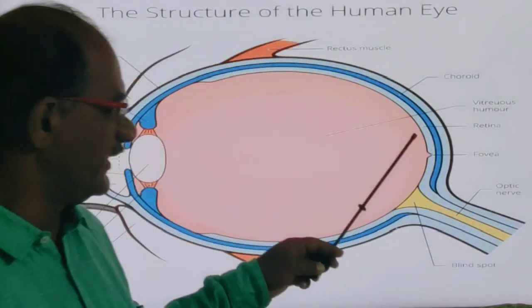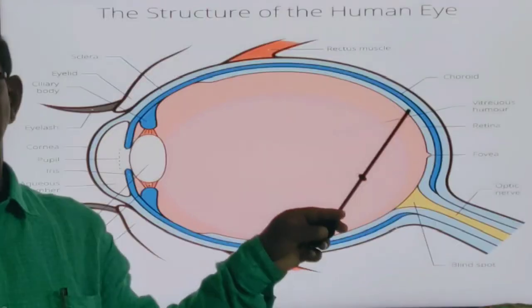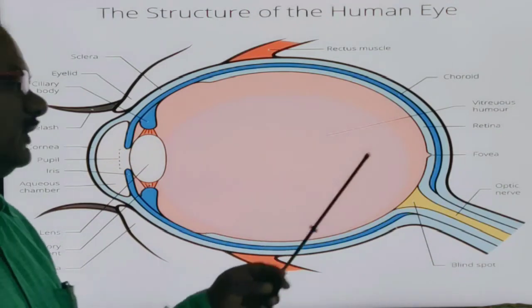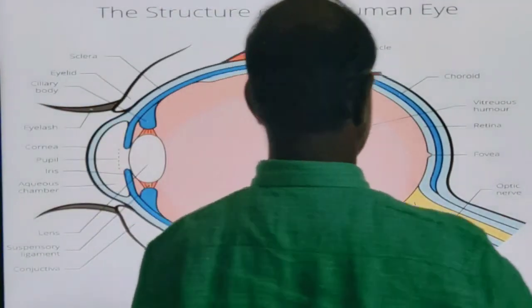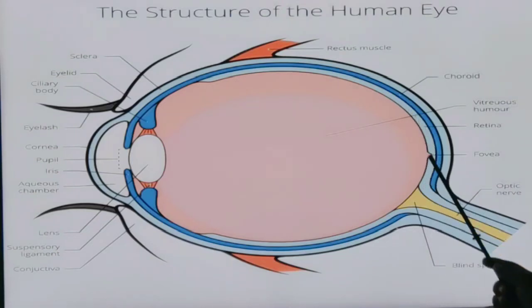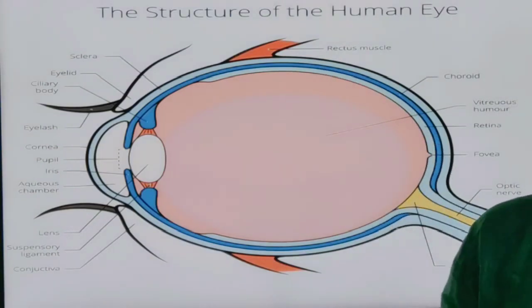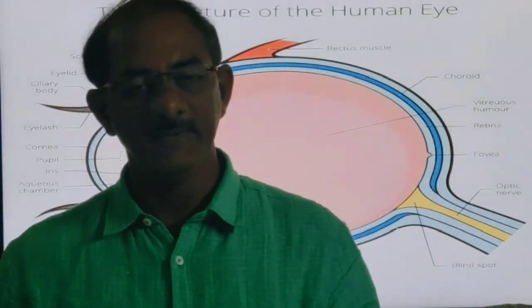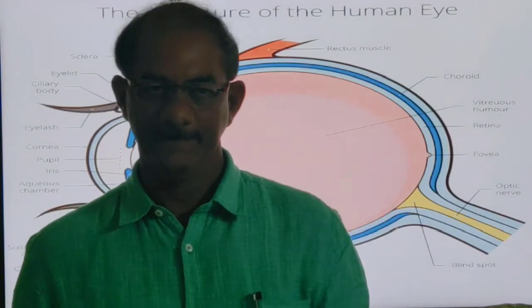First, the rod cell consists of a visual purple pigment, and the name of that pigment is rhodopsin.